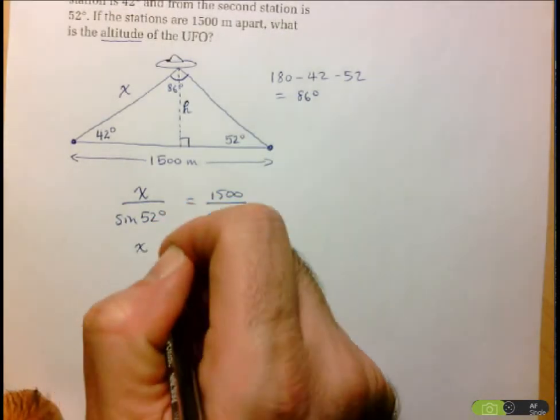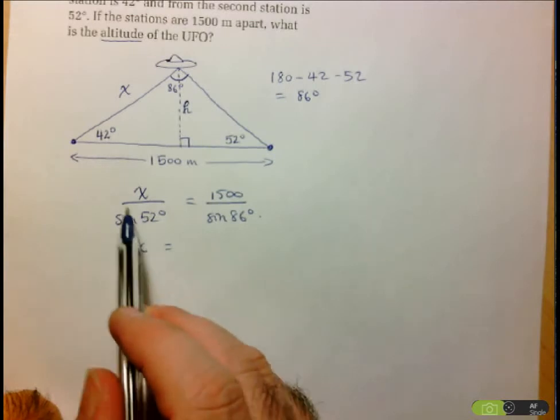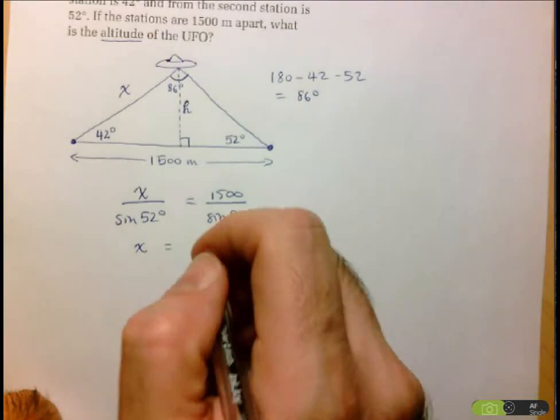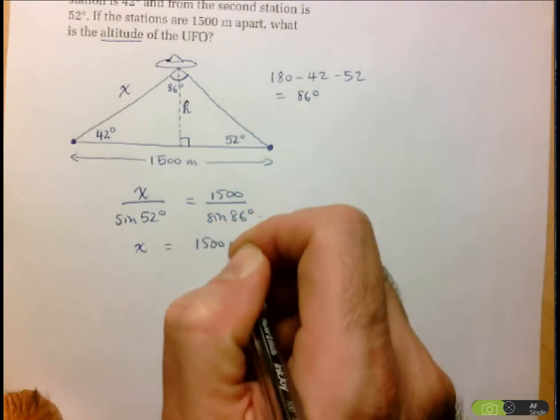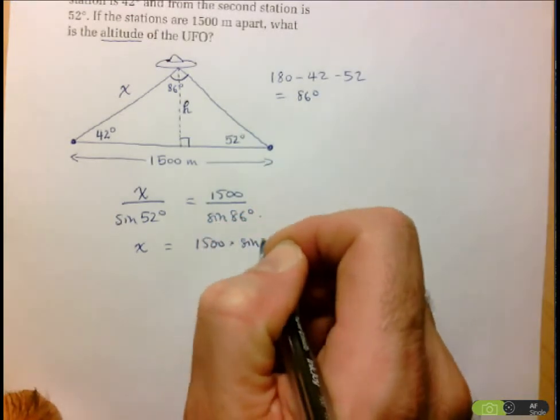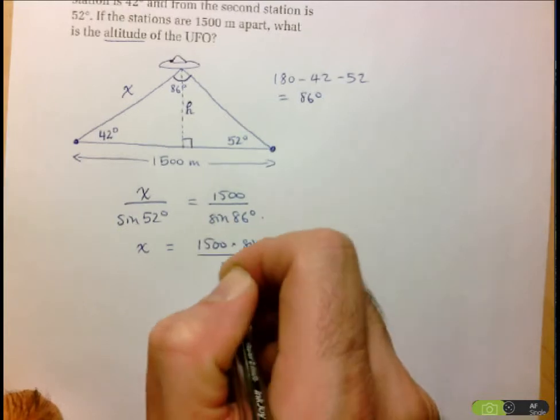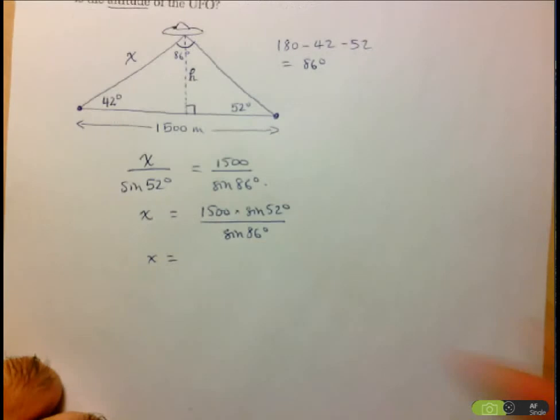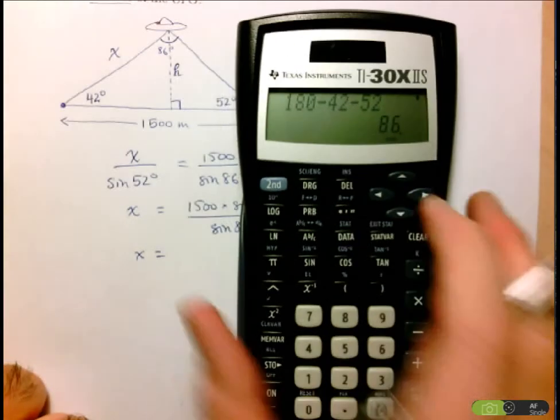In order to isolate x, the sine of 52 is being divided, so to bring it to the other side, I have to multiply it. So we have 1500 times sine of 52 degrees divided by sine of 86 degrees. Let's get a calculator out.